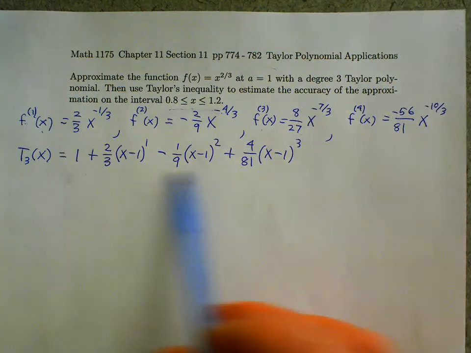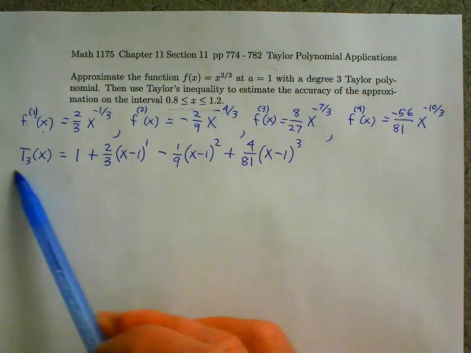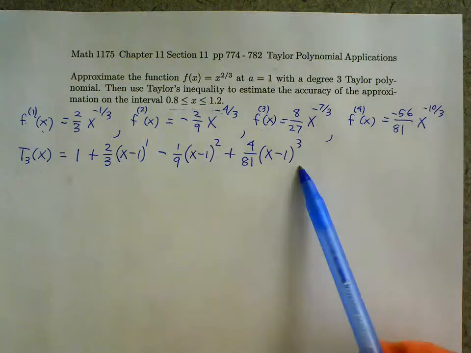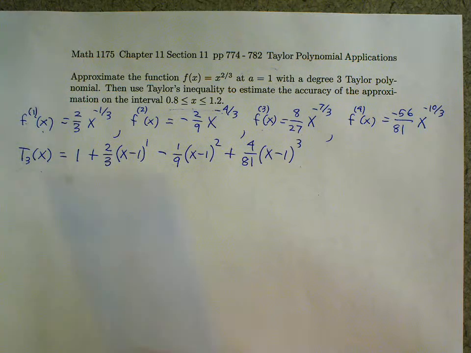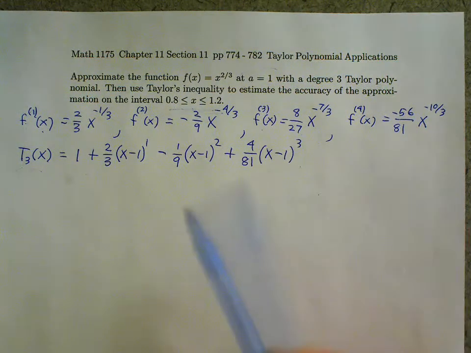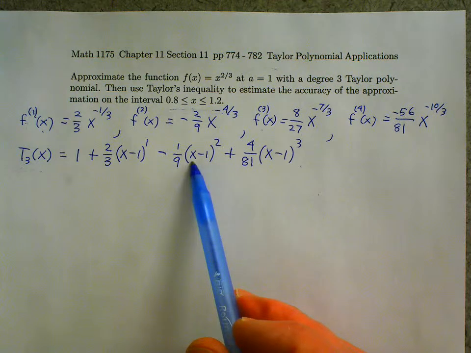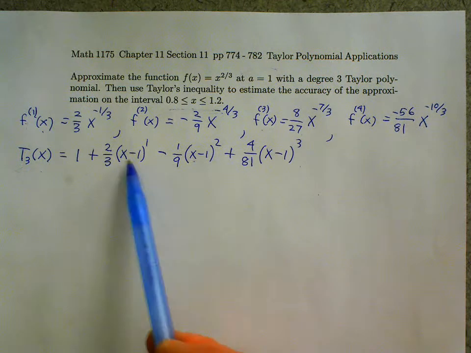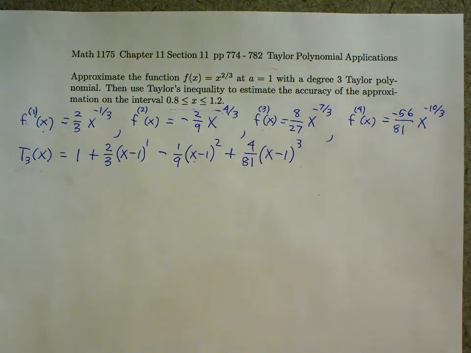Don't bother expanding it, just leave it in this form. A handy reason for why we want to leave it in this form is because T sub 3 of x is useful for estimating f of x for values of x near 1. So if you pick a number that's close to 1 but not equal to 1, all you have to do is replace x with that number, and then afterwards do the arithmetic.